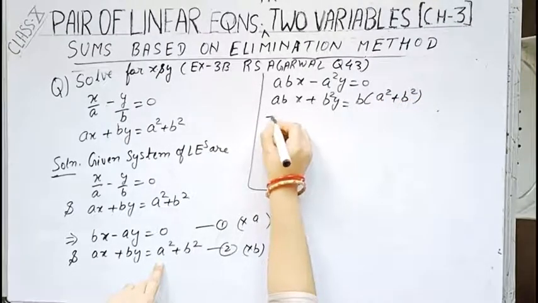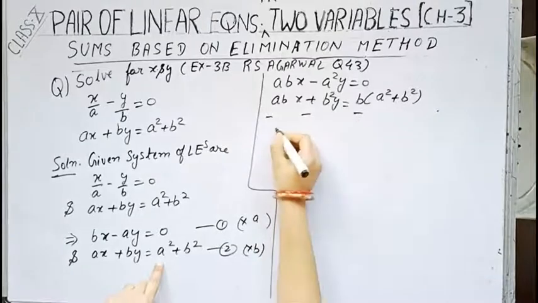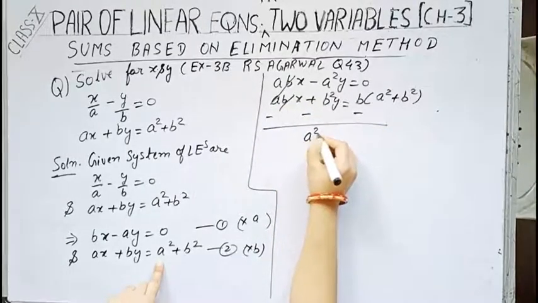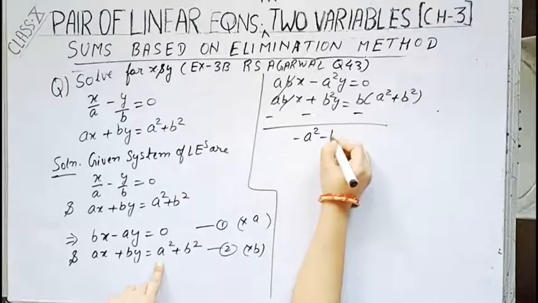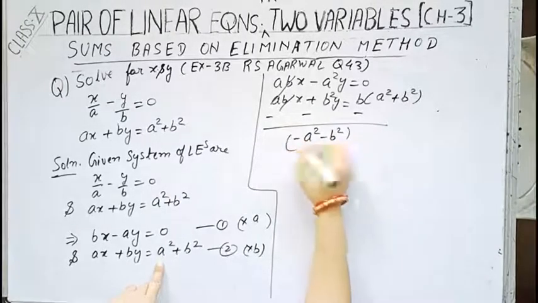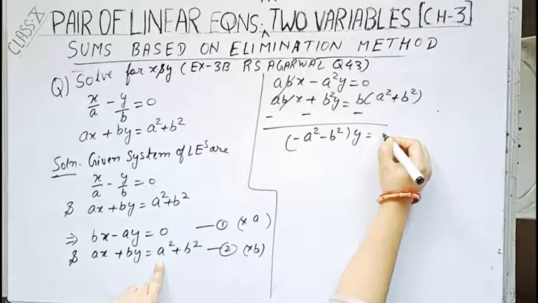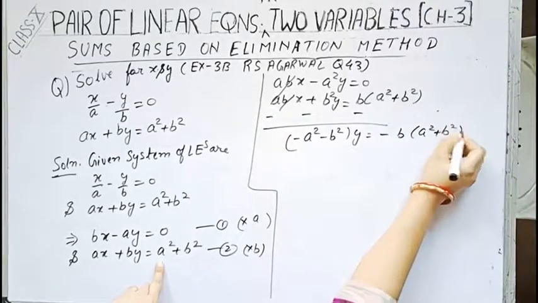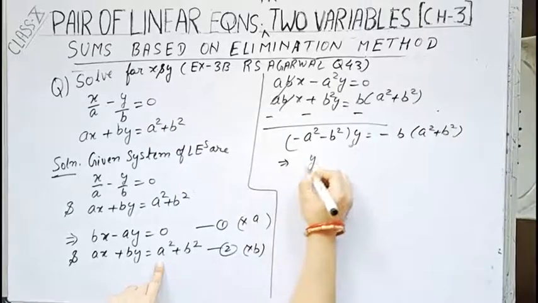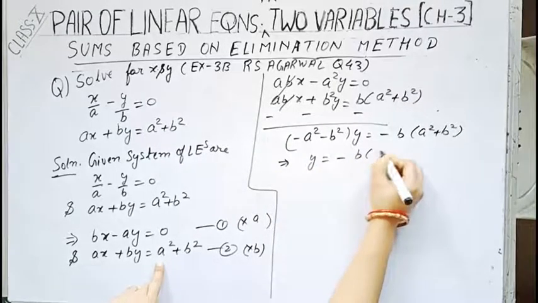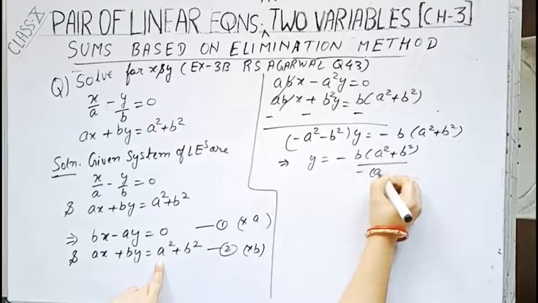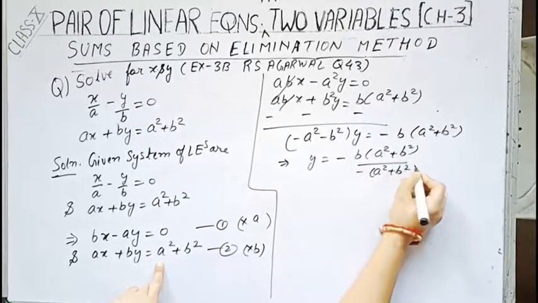So by subtracting, we will be getting a square minus of a square minus of b square into y equals minus b into a square plus b square. This implies y equals minus b into a square plus b square by minus of a square plus b square.